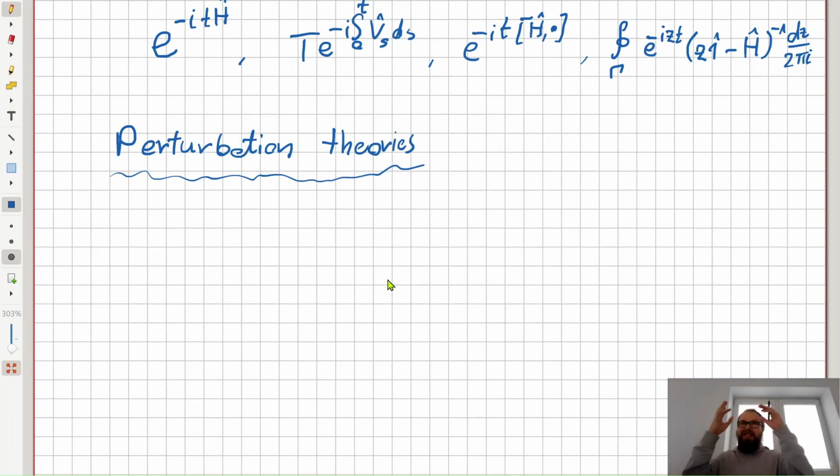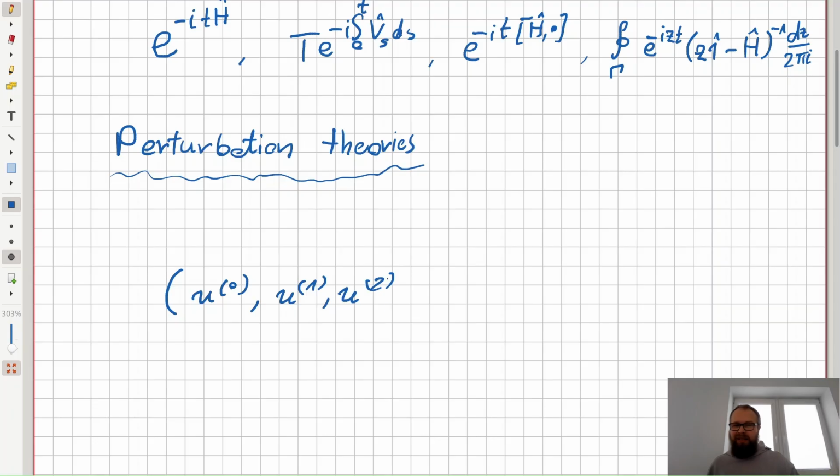Whatever form it takes, you generate a sequence of terms of increasing order. So let me write it down and I will explain what I mean. Term of zero order, term of first order, term of second order, and hopefully you can go up to infinite order.